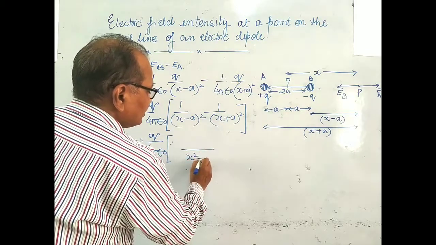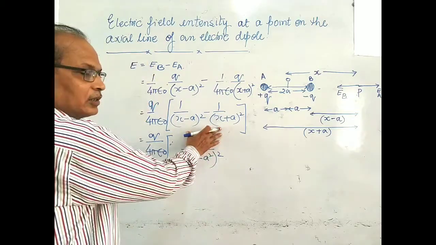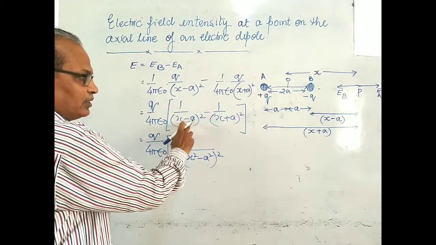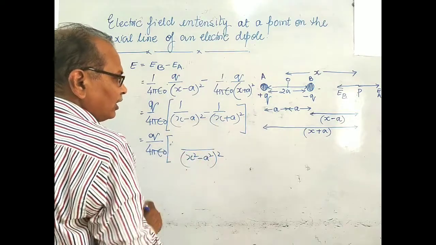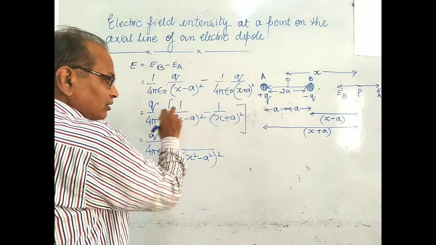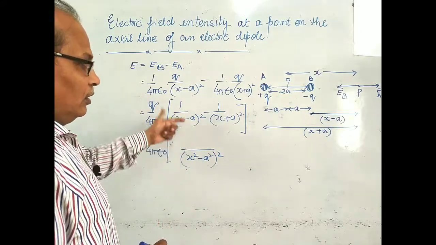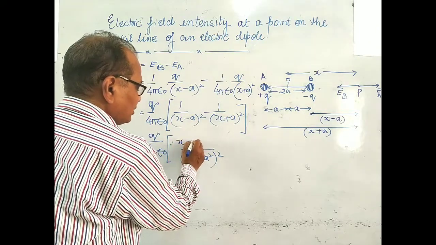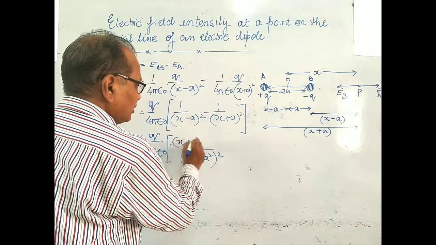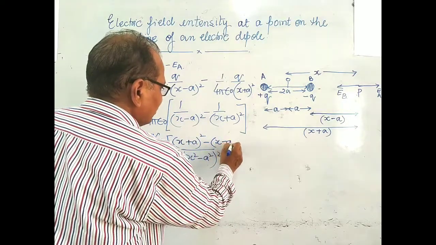Take the LCM, x minus a and x plus a, giving x square minus a square whole square, and in the numerator x plus a whole square minus x minus a whole square.